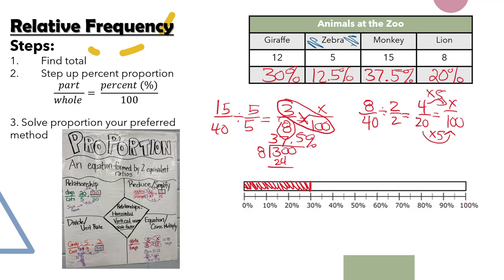And we're going to go to 12.5. So from here to here, that's 10. Then about 2 and a half more would be 12.5. Let me pick another color. Green, those would be my monkeys. And again, we're going to 37.5.